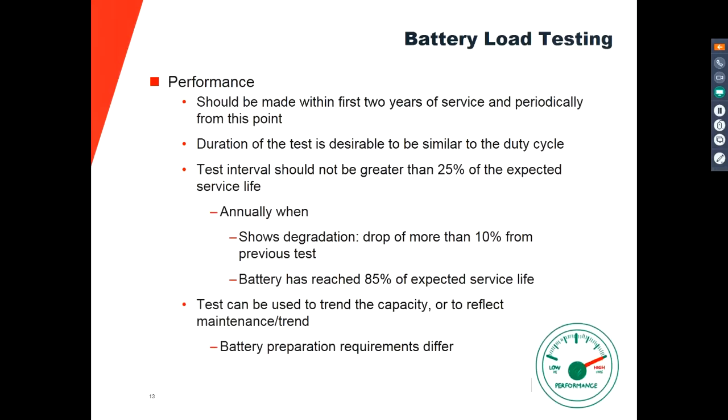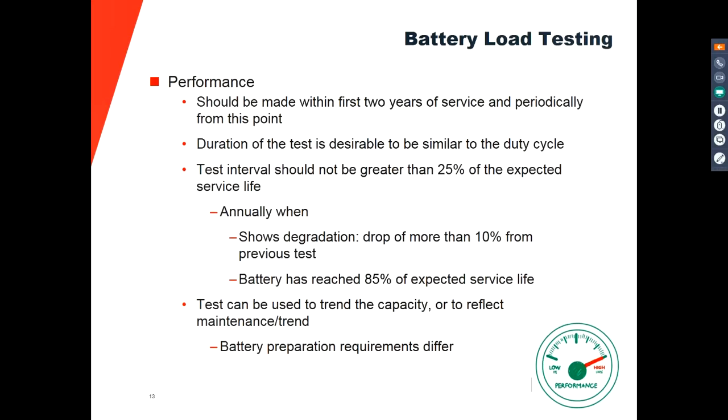Then we have the performance test. This is a test that you do basically as a maintenance test to determine if the battery is holding its capacity and aging as it should, and is not having accelerated aging. The test should be made within the first 2 years of service, and then it should be performed periodically from this point on.